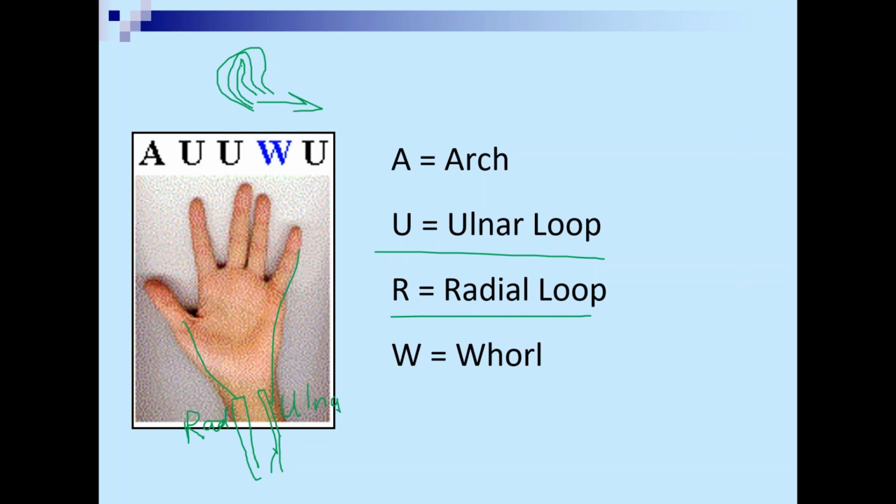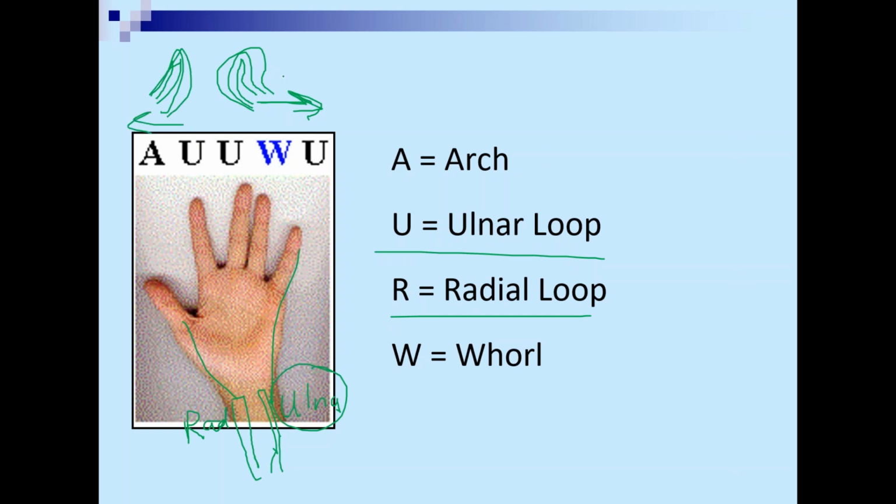But anyhow, if you had a print that you knew was from this left hand, then since it's going in this direction, you could say, oh, okay, that's an ulnar loop. If the print is in the opposite direction, then that would be a radial loop.